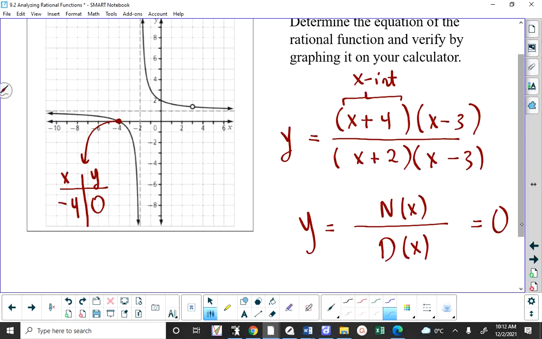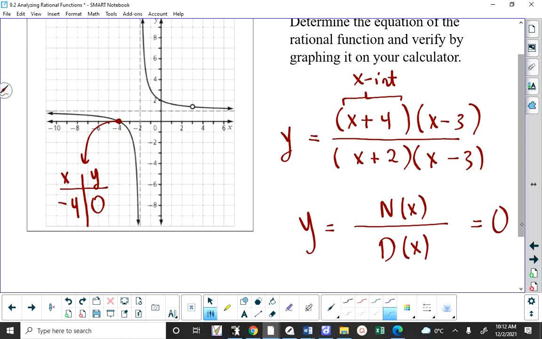If you have a factor in the numerator that does not cancel, you have an x-intercept. If you have identical factors in the numerator and denominator, then you will have a hole. Now, we're done with this question. Any questions with this specific example?